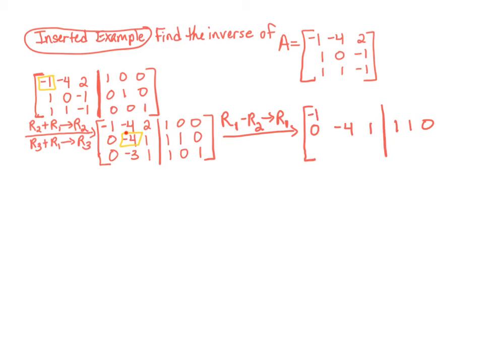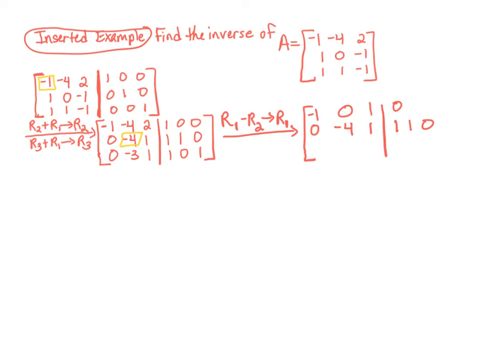Then we're going to have negative 4 minus a negative 4 gives us 0. Then 2 minus 1 gives us 1. Good. And then we have 1 minus 1, 0. Then we have 0 minus 1, negative 1.